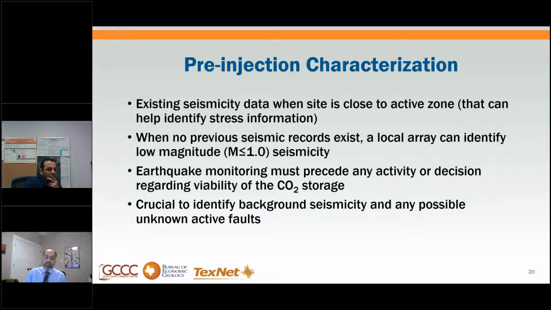The earthquake monitoring, of course, must precede any activity or decision regarding the availability of CO2 storage projects. So that's why we have to set up an array of seismic sensors to be able to monitor any type of seismicity in the area and identify background seismicity and any possible unknown active faults. Next slide.